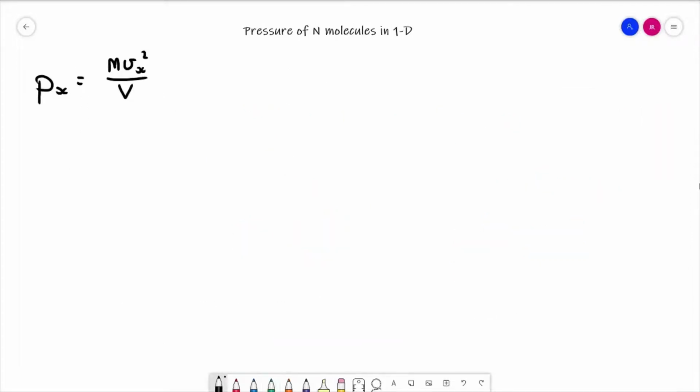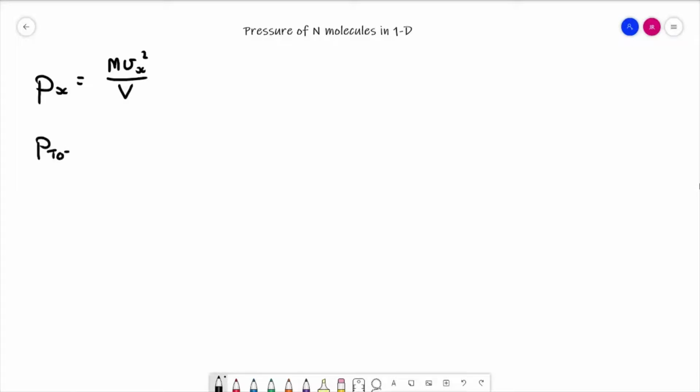The next stage then is to take our pressure in one dimension and scale this up to look at all of the molecules, so to look at n molecules. Well, of course, the pressure from n molecules is just going to take all the individual molecules and add them together.